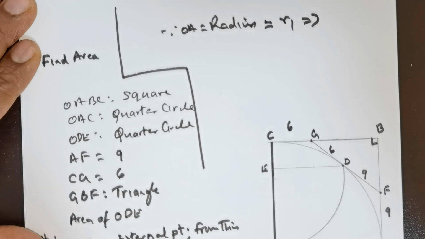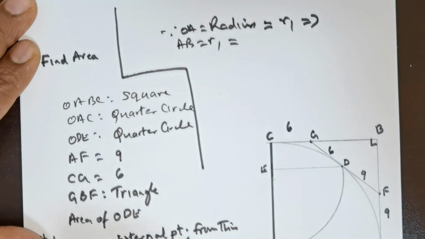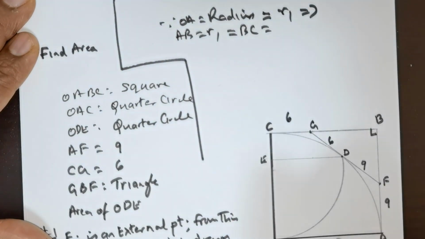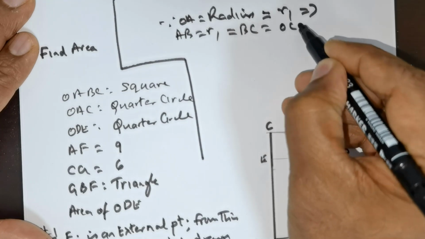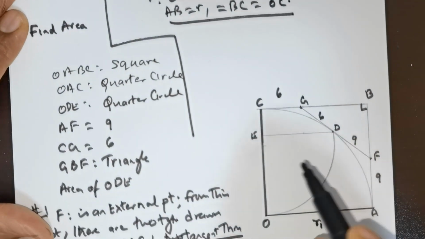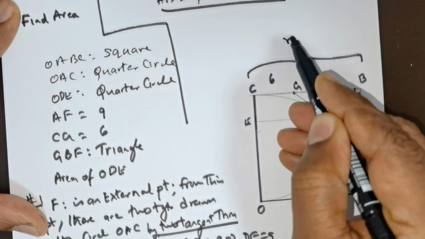So AB is equal to R1, which in turn is equal to BC, which in turn is equal to OC. All of the sides will be equal to R1. So this entire side is equal to R1.